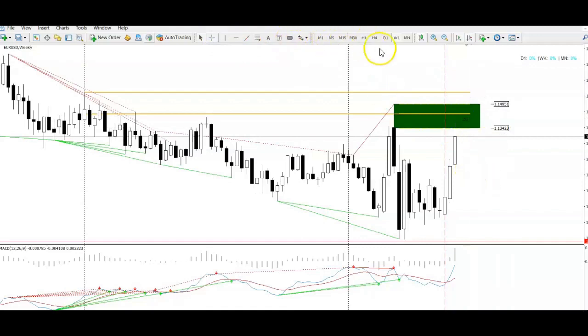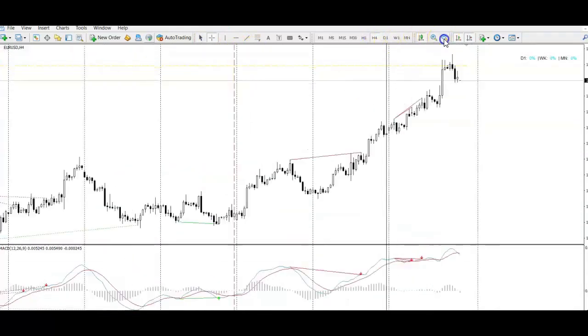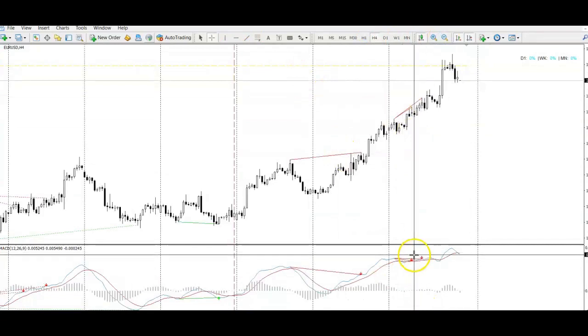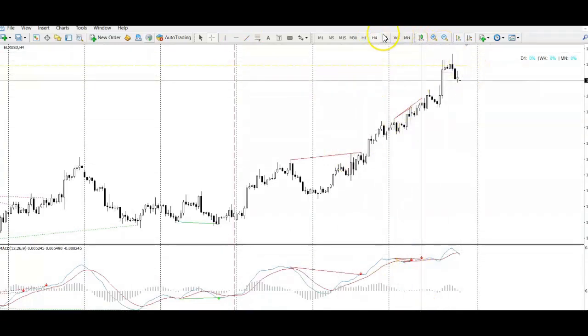We just can't take the trade there, so we zoom in to find the origin of the move here. 1.144 would be a nice entry. If you do see a MACD divergence signal happening in and around that area, you can download this MACD divergence indicator in the description area of the video. Simply take the MACD divergence signal.